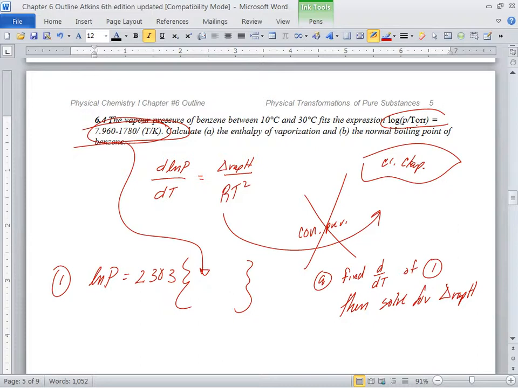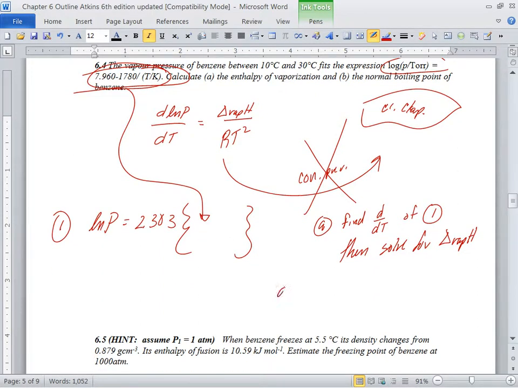So the derivative of t to the negative 1 is what? There it is, negative 1 over t squared. Take that 2.303 out.